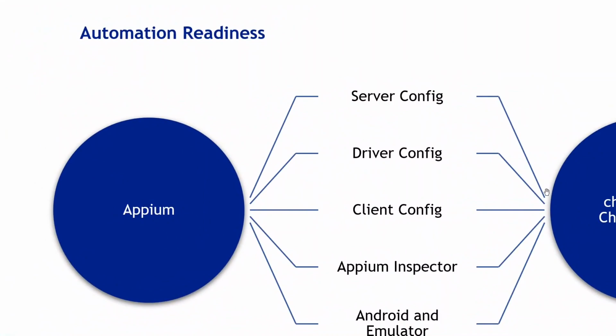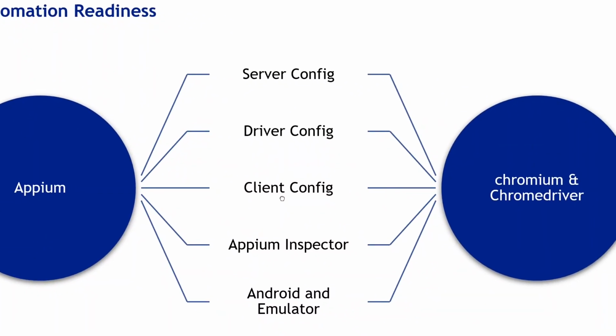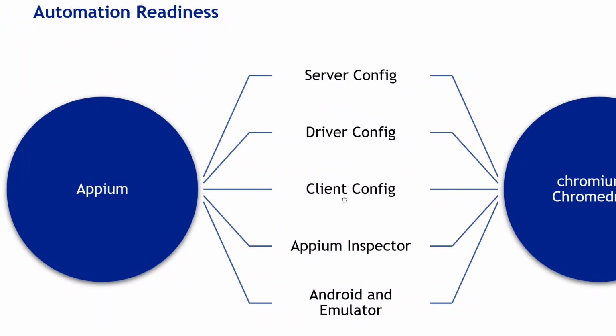give just what we saw while we configured Appium. So we did the server config, we did the driver config, and the client. We did that as part of the project, so we have given the dependencies in the Gradle in the project. So that is the configuration.